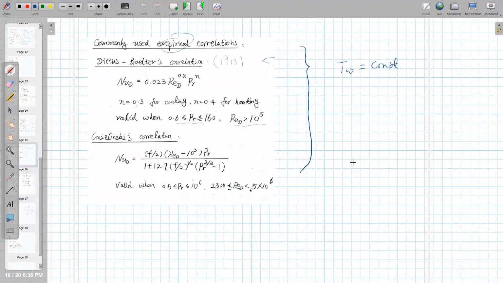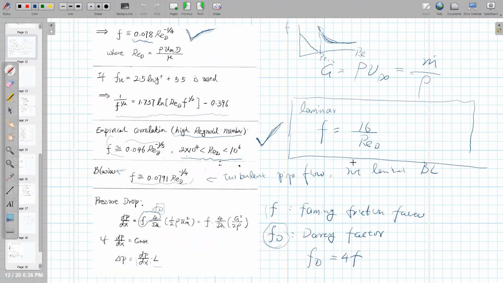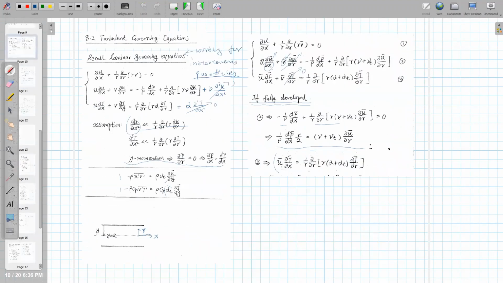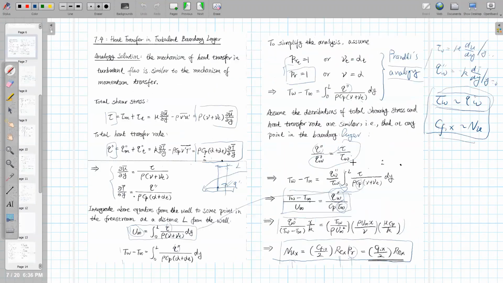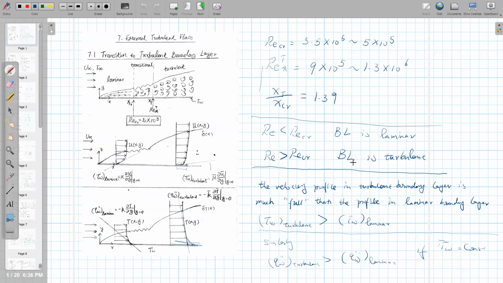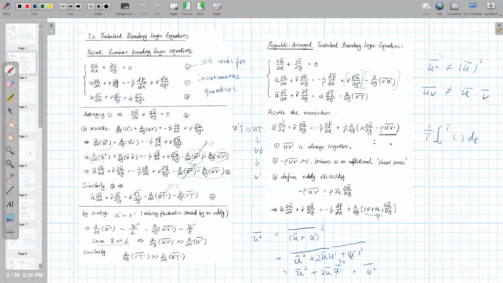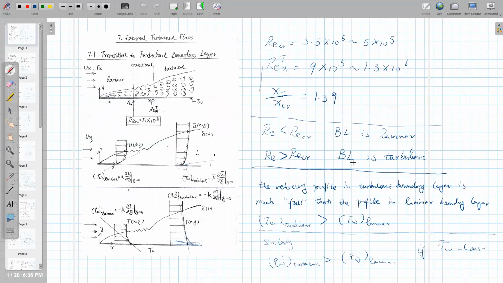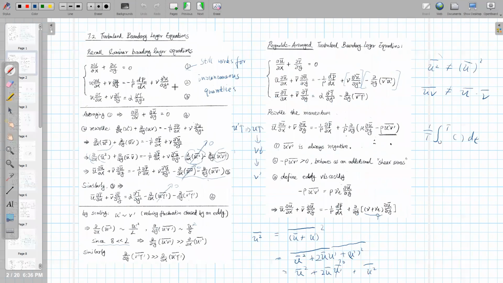All right, so this is, oh, there's one last thing I want to let you know for the heat transfer for this problem. I forgot to mention this actually. You remember that for flow over a flat plate, it always starts with a laminar flow and then turbulent flow later, right?